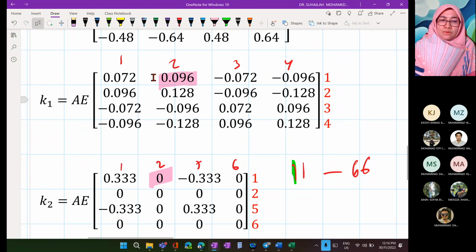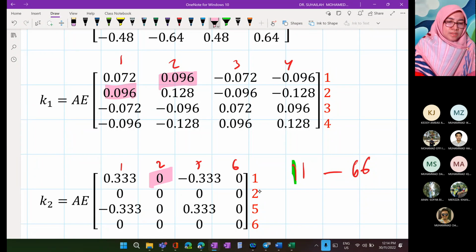Can you see? 1, 2 is 0.096. 2, 1 also 0.096.